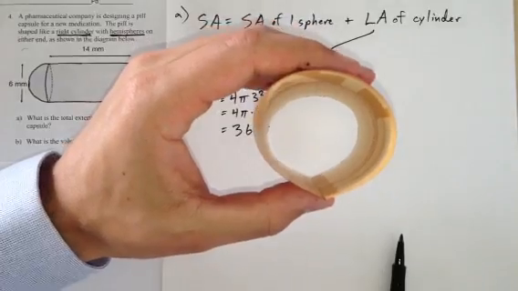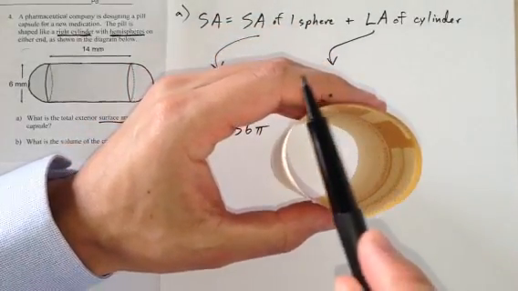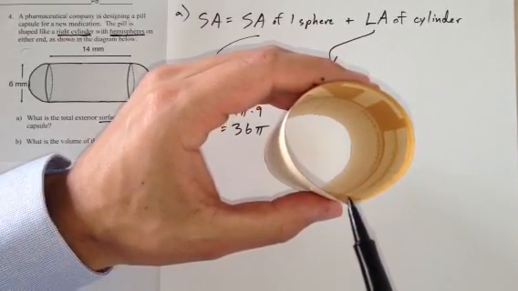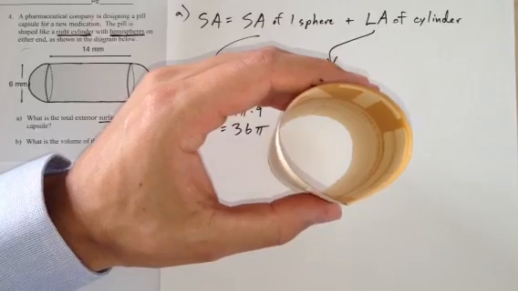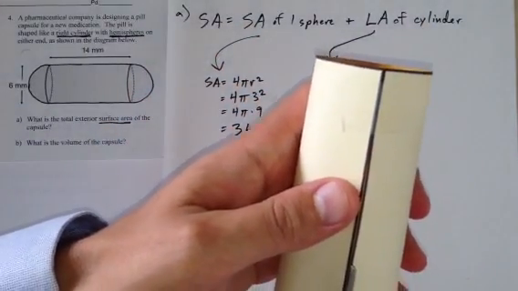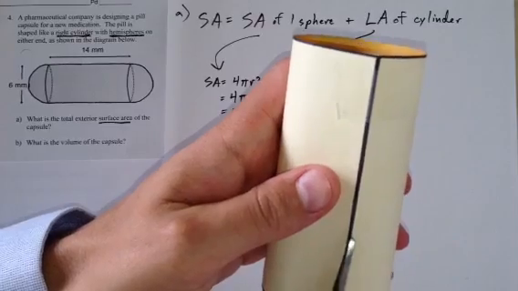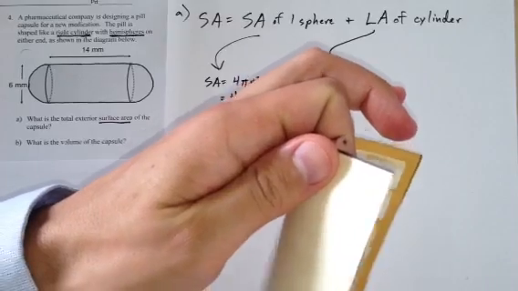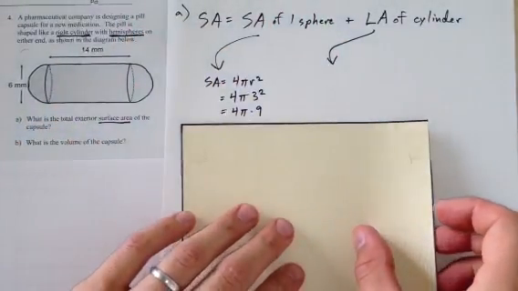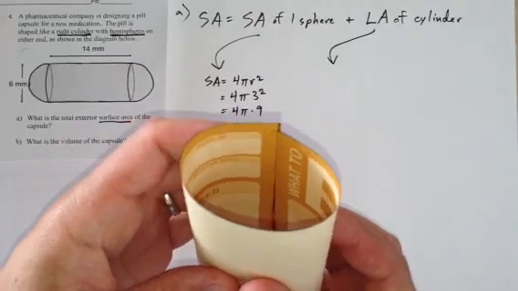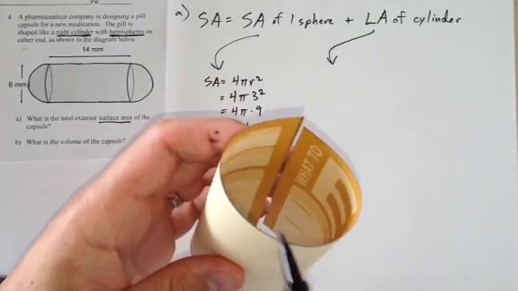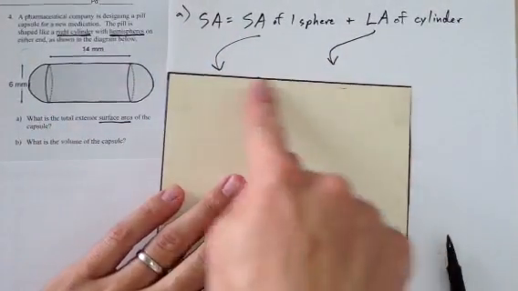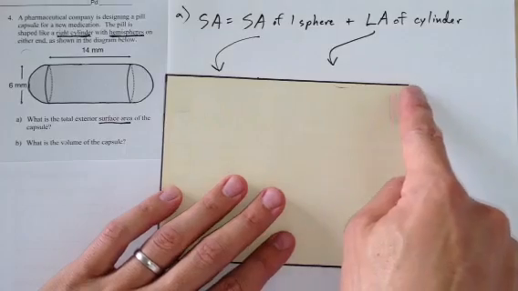Okay, so look at this. The distance around this circle, from this point all the way around the circle back to this point, is the circumference of the circle. So when I open it up, I'm going to cut here. When I open it up, this part that was folded is the circumference of the circle, because it was rolled up into a circle, and this was the height.